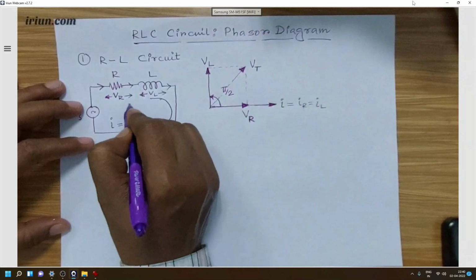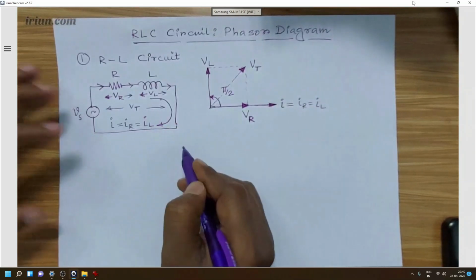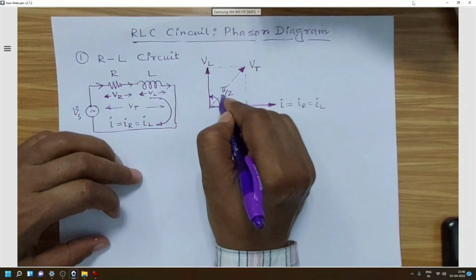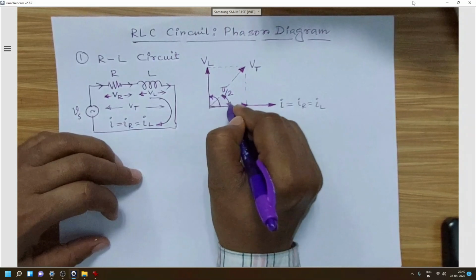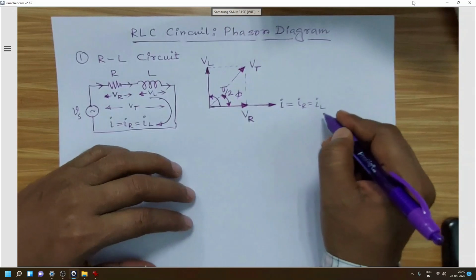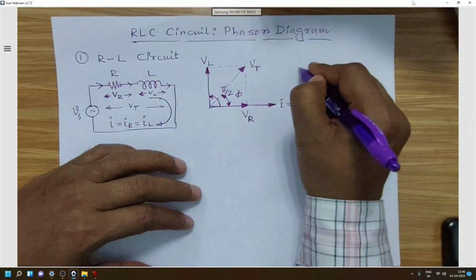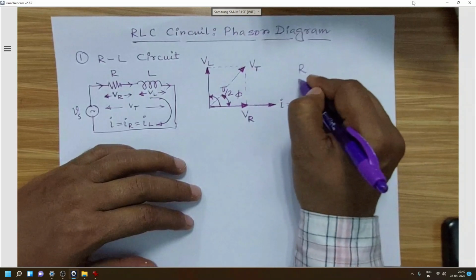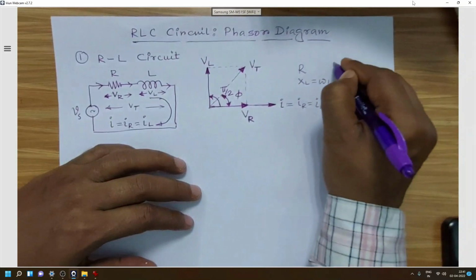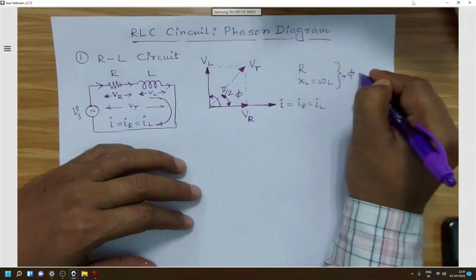So that is the total voltage, the total voltage drop, and this will be the phase angle between VT and I. Say consider this phi. Now this phi will depend on two parameters, that is R and XL, that is omega L.